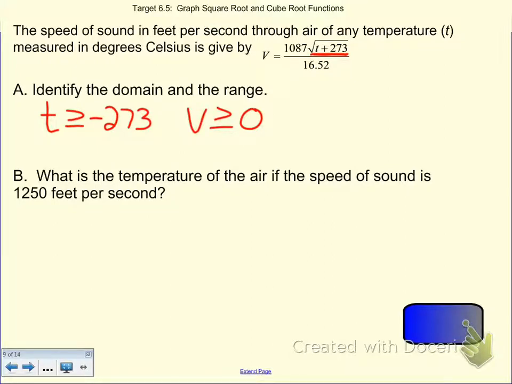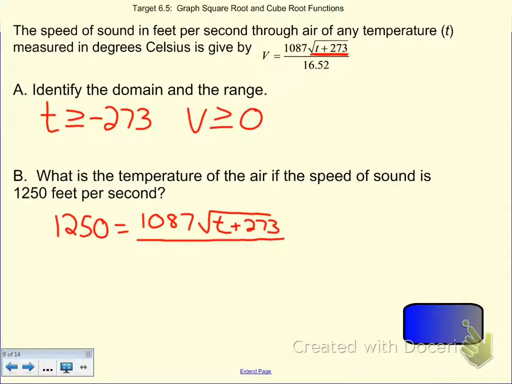Part B, what is the temperature of the air if the speed of sound is 1,200 feet per second? So we're going to plug in 1,200 for our velocity. So 1,200 equals 1,087 times the square root of T plus 273, all divided by 16.52.